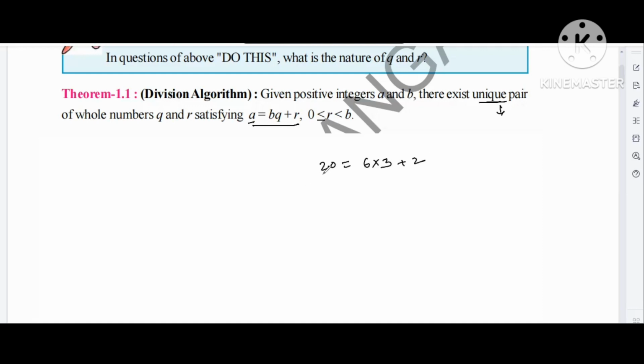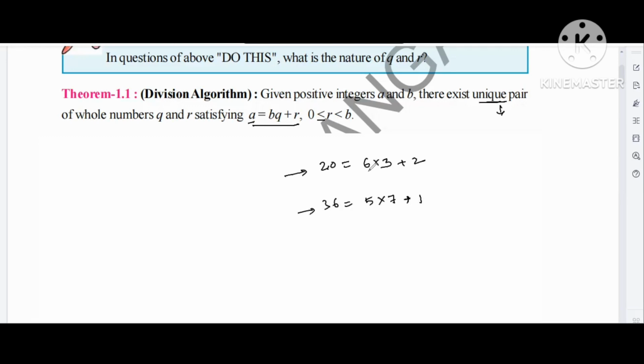Okay, that's the thing. And if you take, for example, 36 with 5, 5 into how much? You can take that 5 7s are 35. So what do we have to add to get 36? That is 1. So 35 plus 1 is 36. Okay.